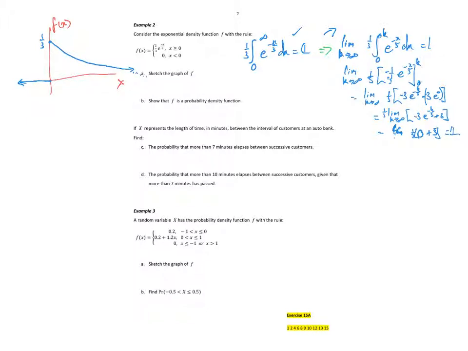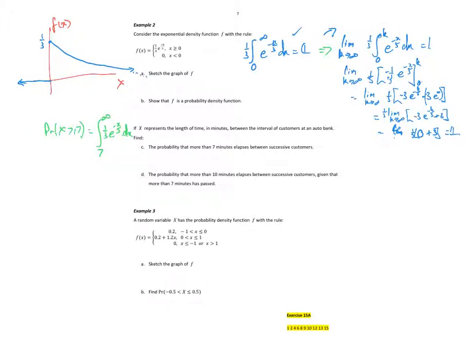So now, if we go to our practical solving, if x represents the length of time between customers at an auto bank, all right? Probability that more than 7 minutes elapses. So the probability that x is greater than or equal to 7 is equal to the integral from 7 to who knows how long of 1/3 e to the minus x on 3 dx.